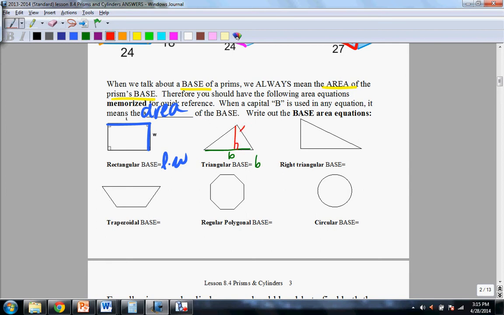Notice I'm using a lowercase b there, times height over 2. Lowercase b means it's just a segment. In a right triangle, it is leg times leg over 2. And in a trapezoidal base, we average the bases, so base plus base over 2 times the height.